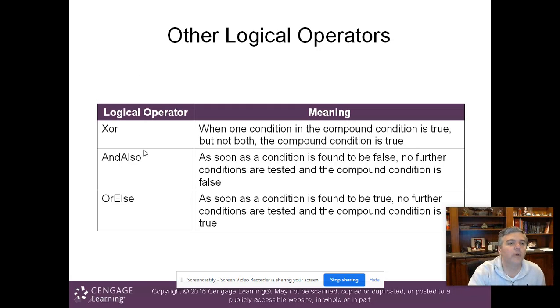So these two are kind of opposite of each other. These are for very specific complex scenarios that you may use someday in your career if you become a programmer, but probably not. There are probably better ways, but they're available if you ever run into a complex scenario where you need them. It's good to know that these things exist, even if you never have to use them.